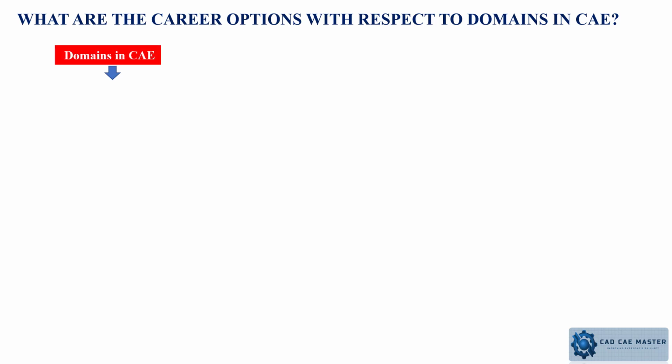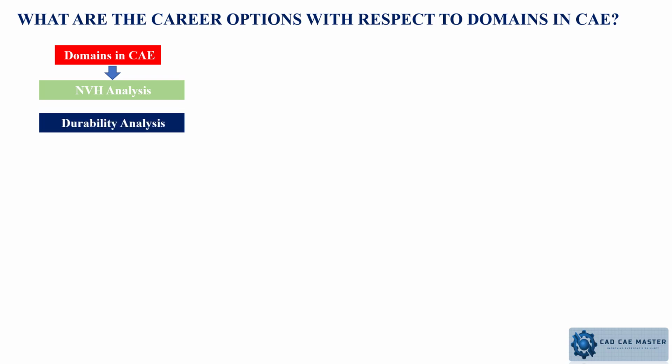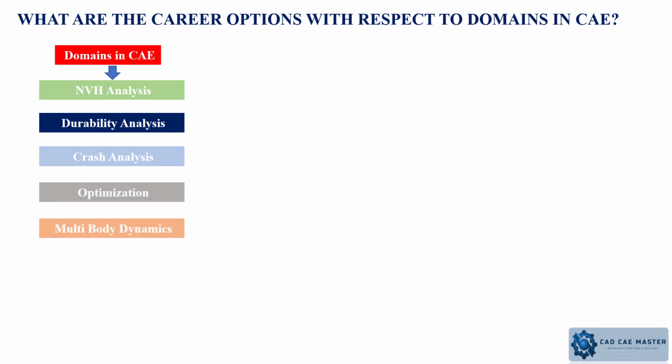Well, we'll see that. So in CAE, we have the NVH analysis, the durability analysis domain, crash optimization, multi-body dynamics, thermal analysis, CFD. So these are all the different domains. A single person can't achieve expertise in each and every domain. There are some people who can do multiple, but as a fresher, you can focus on any of these divisions.